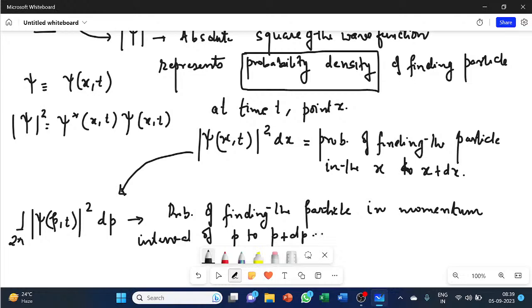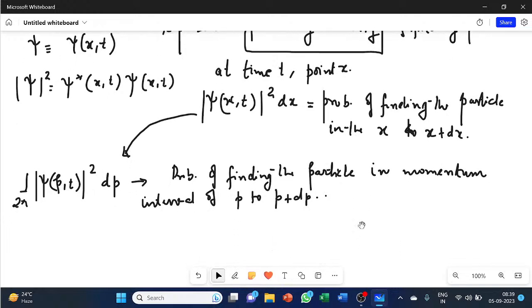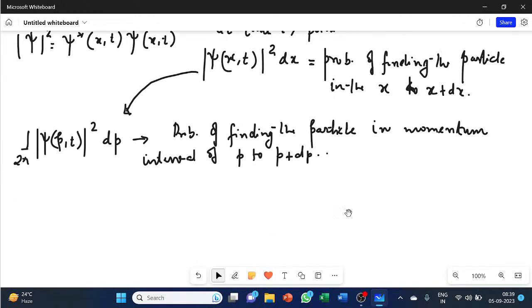Okay, now arises another question, the question of measurements.